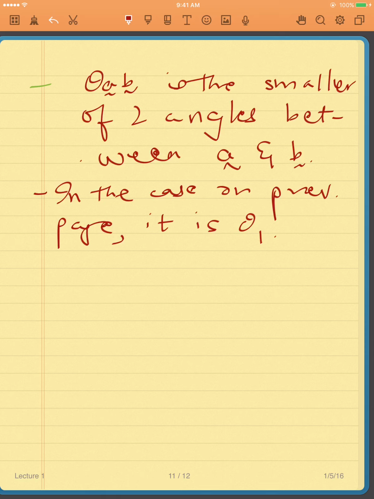Right. The dot product has some properties, just like you see in the case of vector addition, actually, and we'll just write them out. Properties of the dot product.